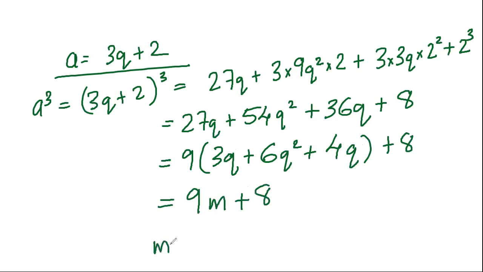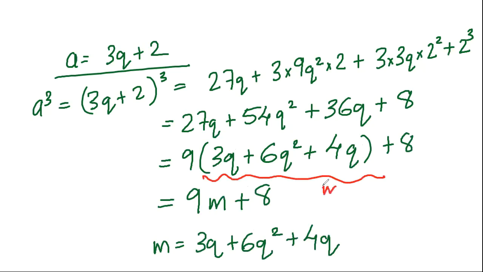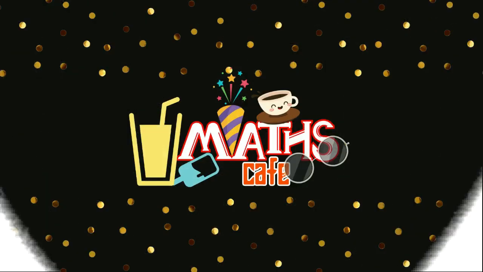Here m is equal to 3q cube plus 6q square plus 4q. That is the thing inside the bracket which I'm taking as m that I have written here. So now the cube is of the form 9m plus 8. Hence the result.